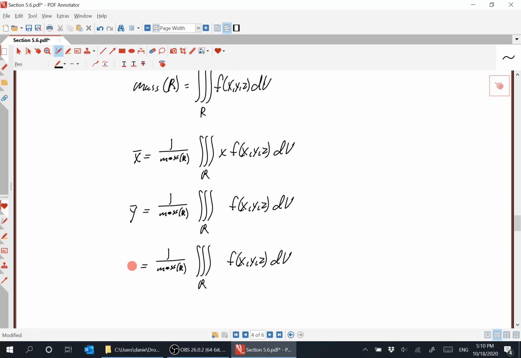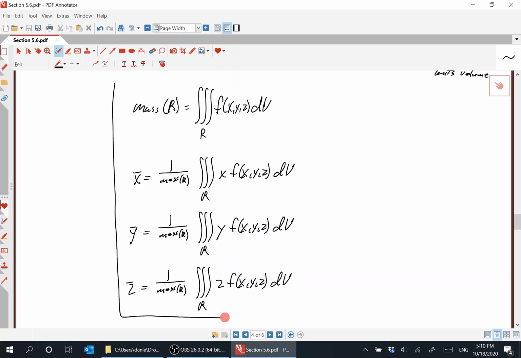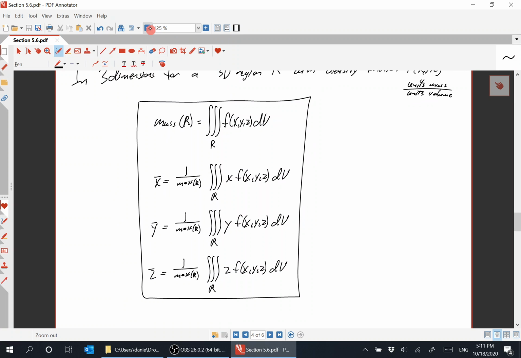So x bar, y bar, z bar, the same kinds of formulas. It's got a nice uniform description, and the formulas for x bar, y bar, and z bar are all analogous, and it doesn't have one being something simple and the other being something strange. Okay, so let's take an example.